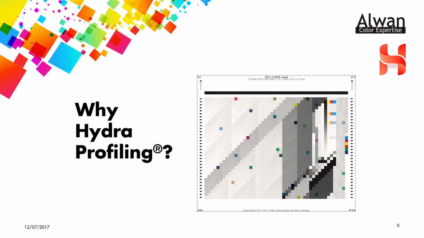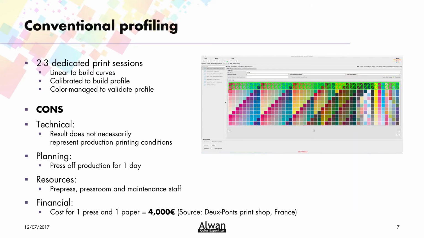And what would be the added value of having a new profiling technology when there are a few out there that work very well? Hydra Profiling has been built in order to make the profiling operation easier and with lower cost, if any.